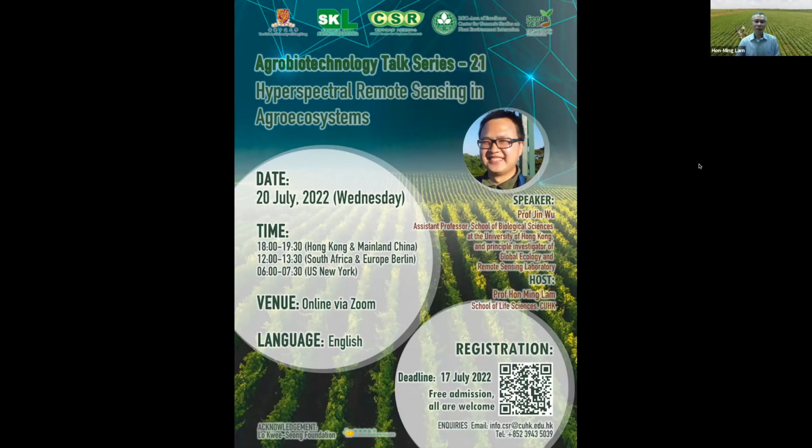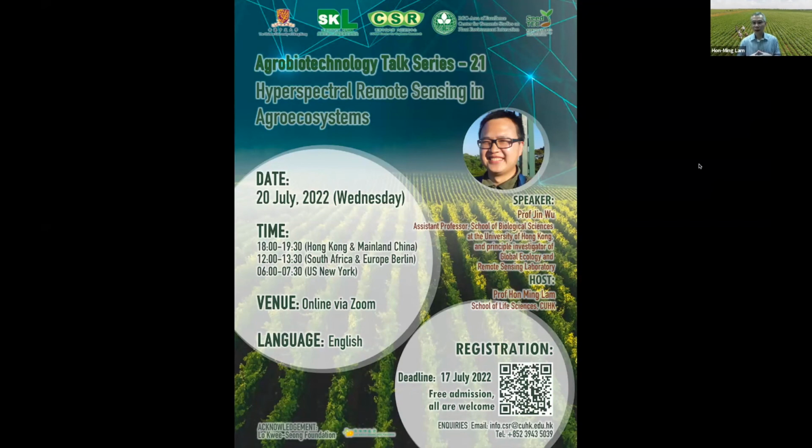So Professor Jin Wu from Hong Kong University has been working on hyperspectral analysis. By flying a drone through the field or forest, the camera can capture wavelengths outside the visible range, so that a lot of interpretation can be done in a non-destructive way.